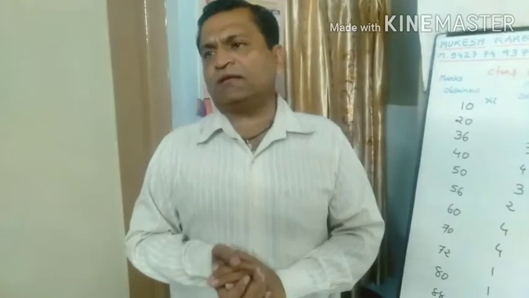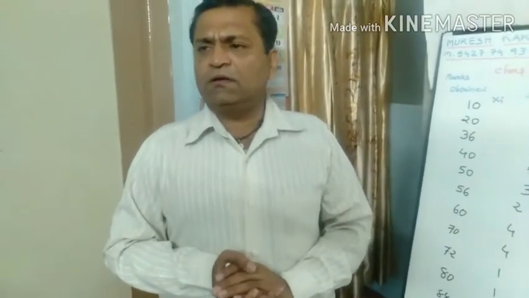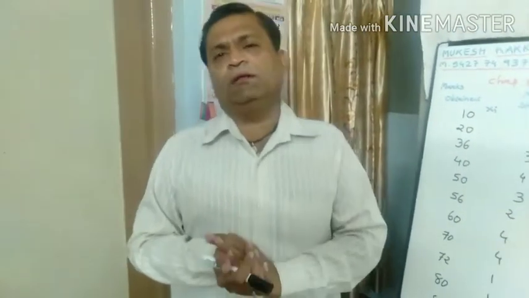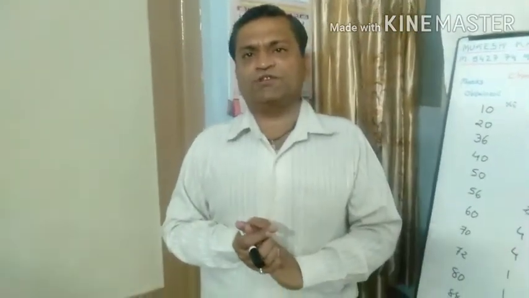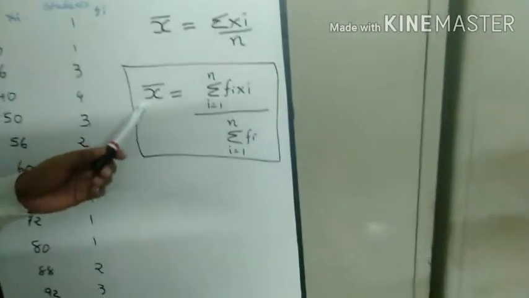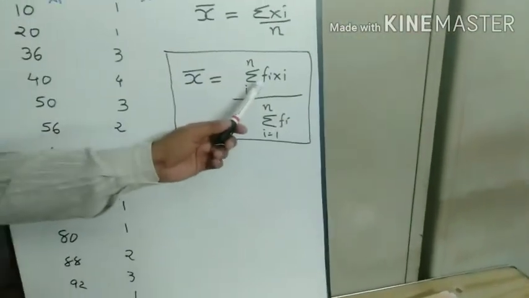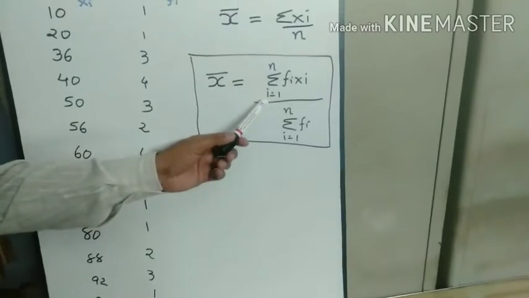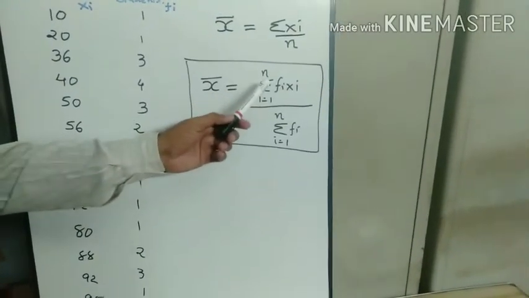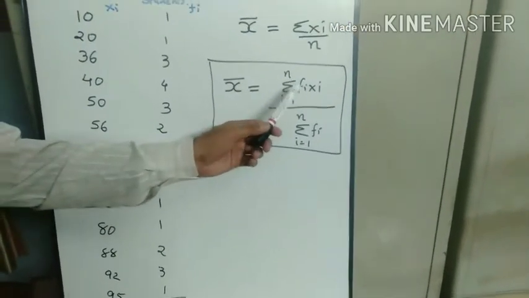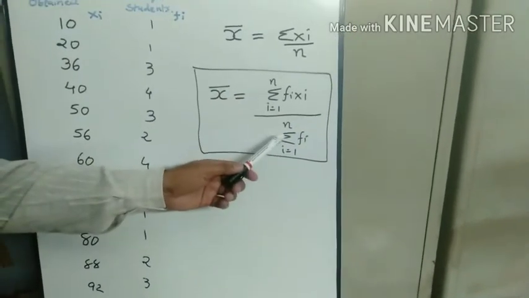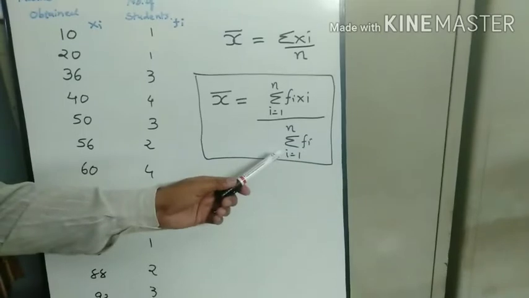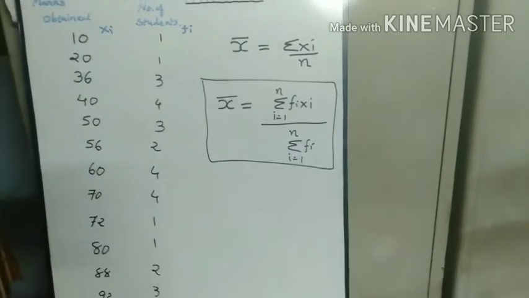Today we are discussing the mean of simple classified information, and the equation for that is x bar is equal to sigma fi xi from i is equal to 1 to n upon sigma fi from i is equal to 1 to n.